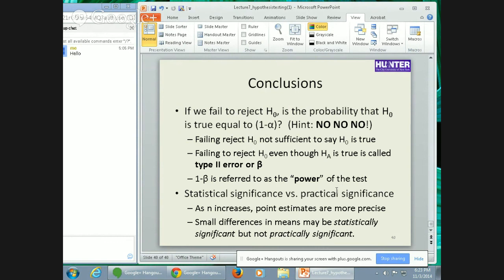Because you asked if you do reject. If you do reject it, then you could say that the probability of the null hypothesis being true is less than alpha. Okay. So less than 0.05.